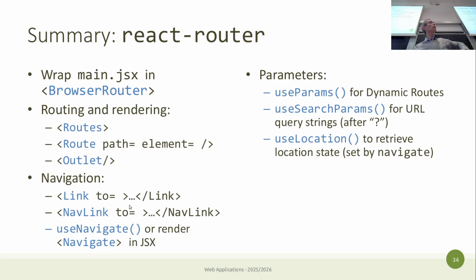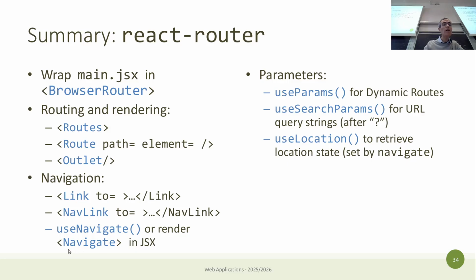Like in a menu, if you associate different links to different items in the menu, one gets automatically highlighted if you add a class that highlights the item in the CSS. And then you have the hooks, the useNavigate, we saw it.